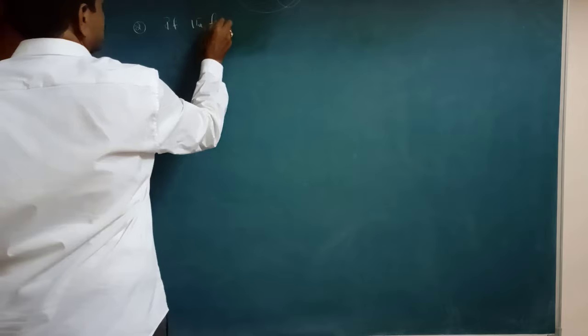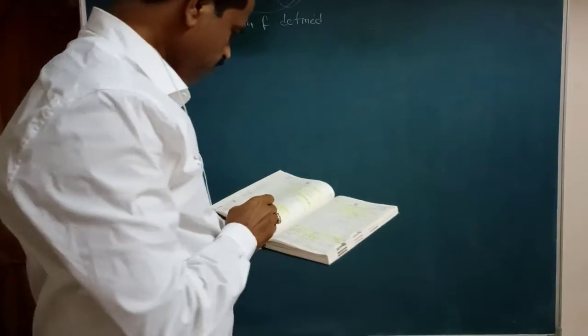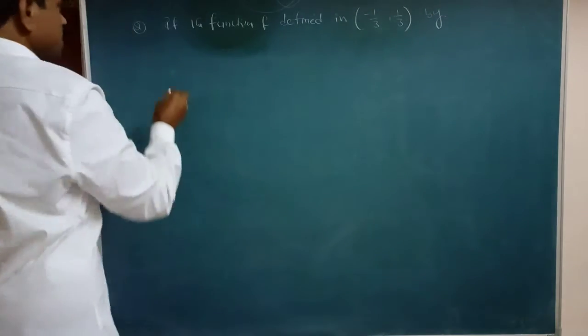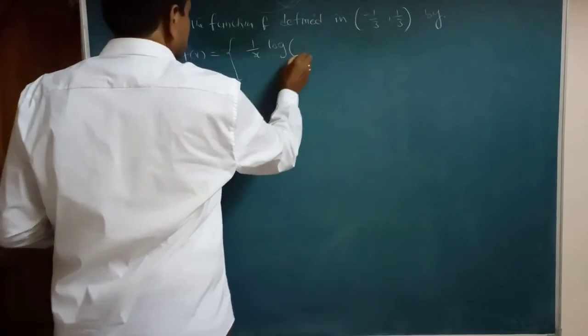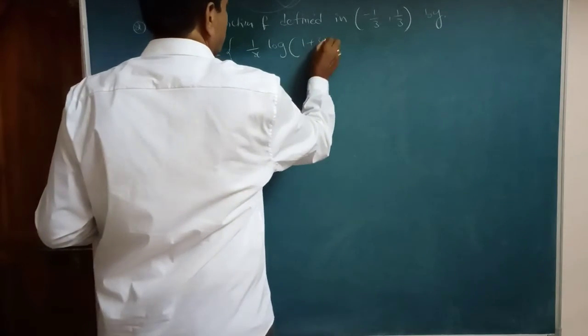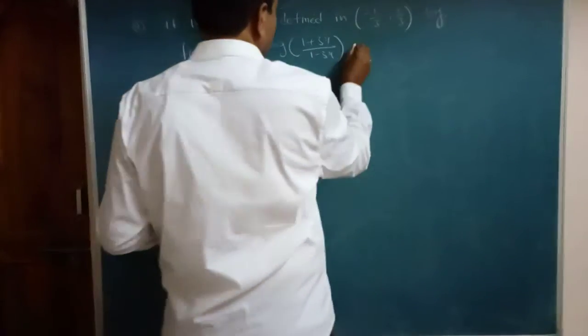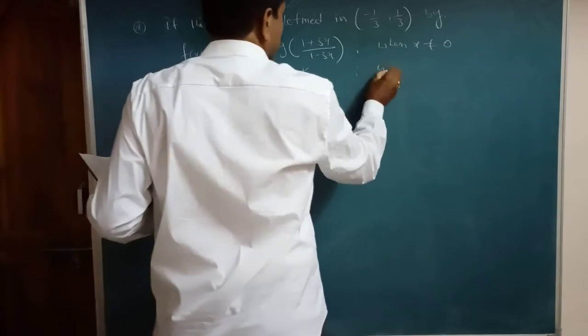Next problem, see here, the second one. If the function f is defined in minus 1 by 3 comma 1 by 3 by f of x equal to 1 by x log of (1 plus 3x) by (1 minus 3x) when x not equal to 0, it is k when x equal to 0.